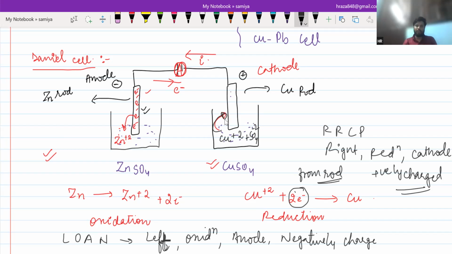Cu plus is going to the rod, that means the cathode, and gains 2 electrons. And the cathode gets electrons from the anode. The anode has a lot of electrons. Here the density of electrons and potential will be higher, so they go from left to right, and on the right hand side copper gains electrons and reduction takes place. Please write it.